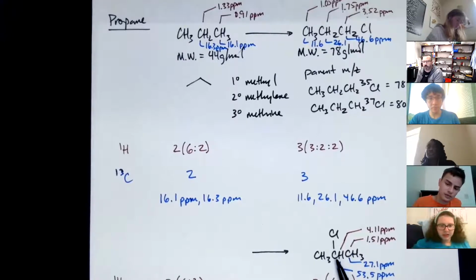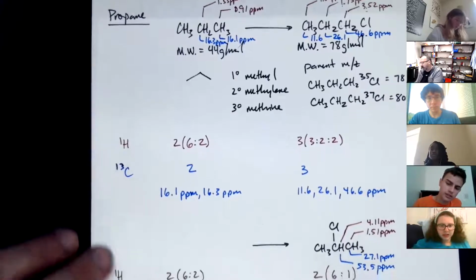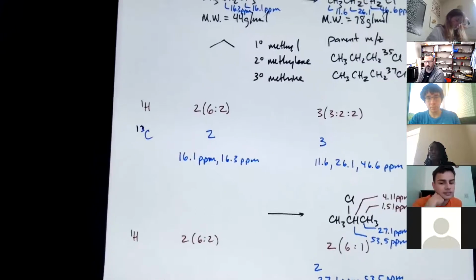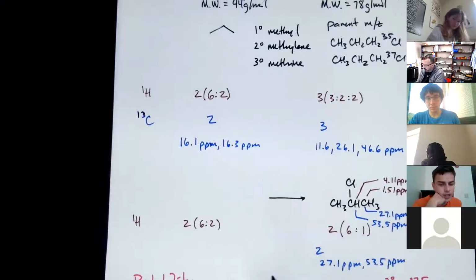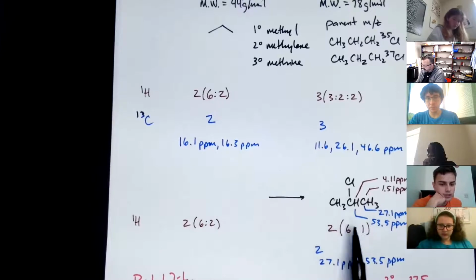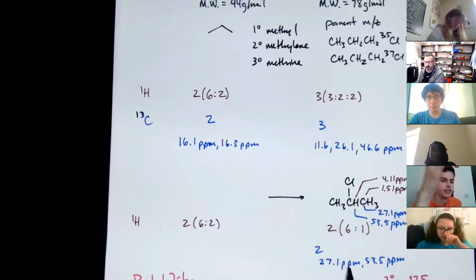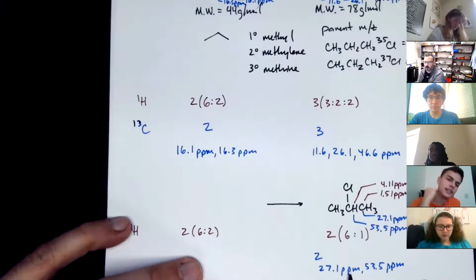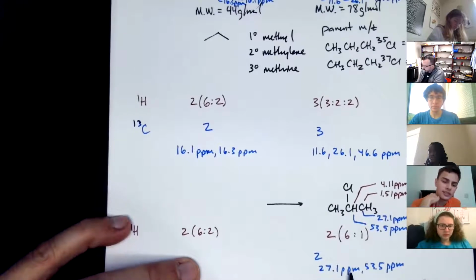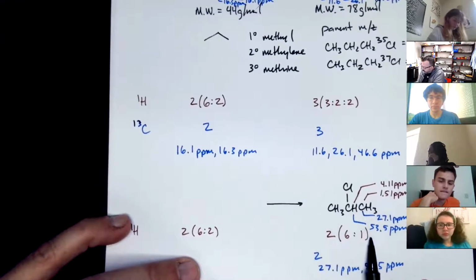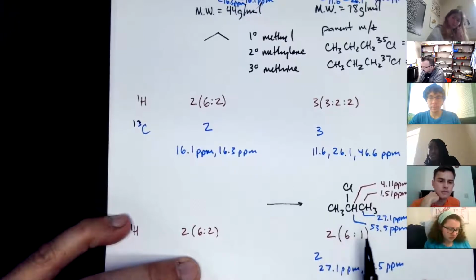What you can differentiate off now is basically the proton and carbon data. So now you have two unique types of hydrogen sets, 1, 2, and a ratio of 6-to-1.